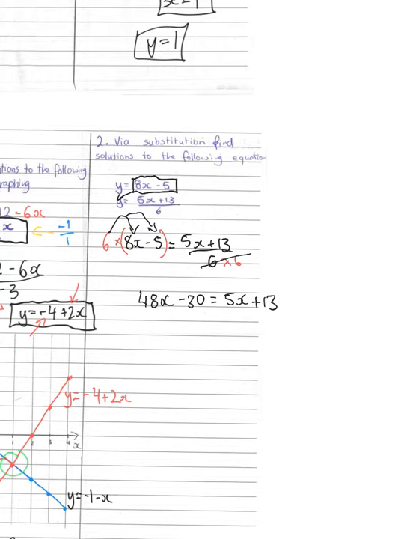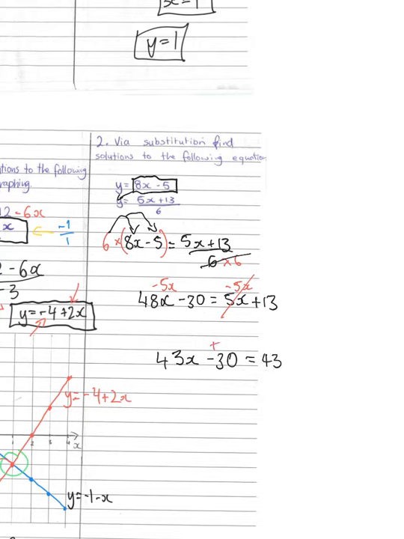All right, then get the x's on the same side. I like to deal with a positive, so I'm going to minus the 5x to this side, just so I'm dealing with positive x's. All right, so it's going to give me 43x minus 30 equals 43.